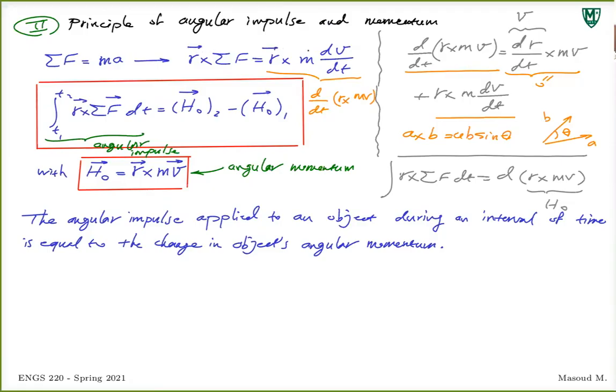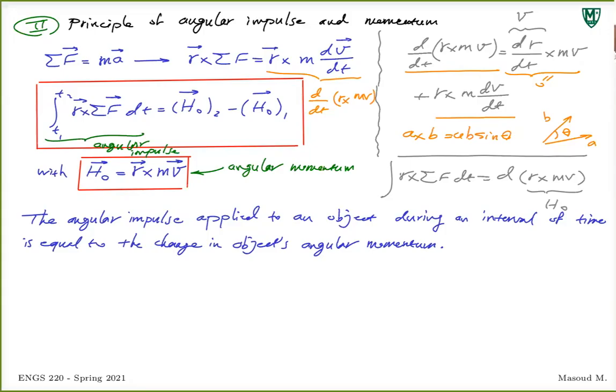Maybe I should have. Summation of forces is equal to mv, and v is a vector. So since this is a cross product, the direction becomes, not tricky, but I want to spend a few moments on the direction. Direction for angular momentum.